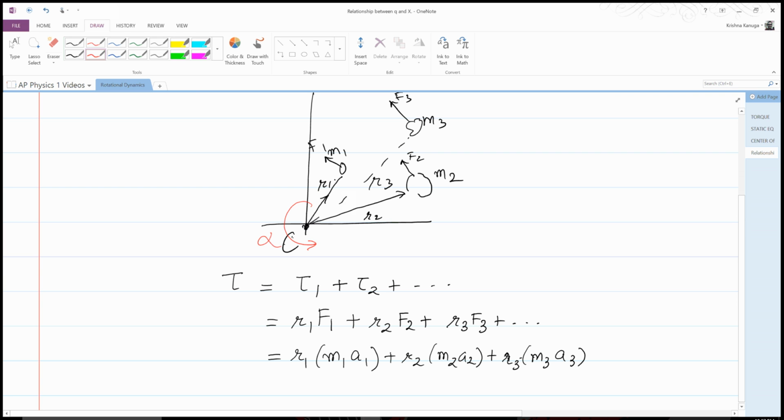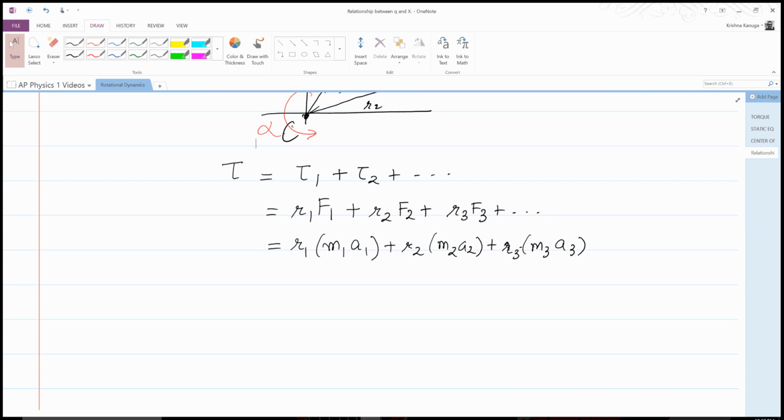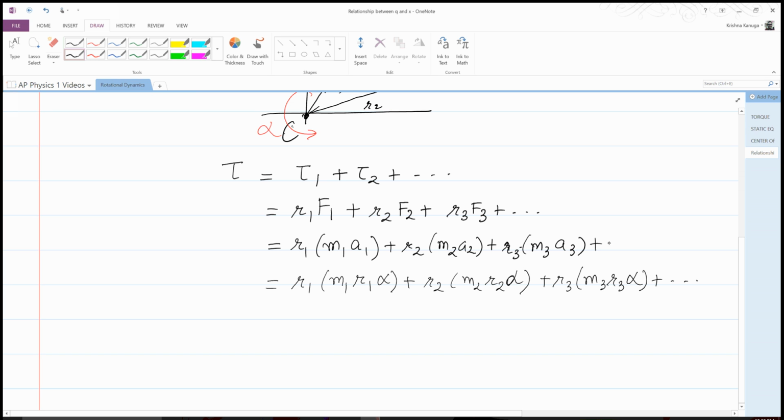So this alpha is the same for all the particles, and therefore we can write the acceleration for each of the particles as simply r1 times alpha, r2 times alpha for the second one, and then r3 times alpha for the third, and so on.